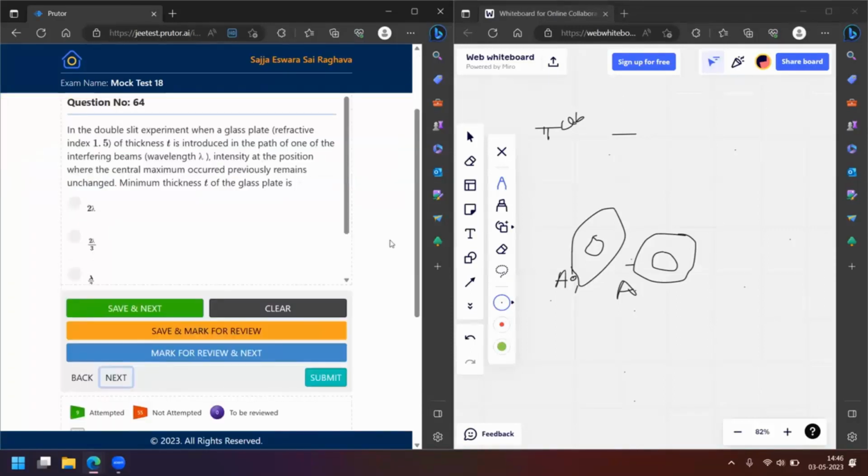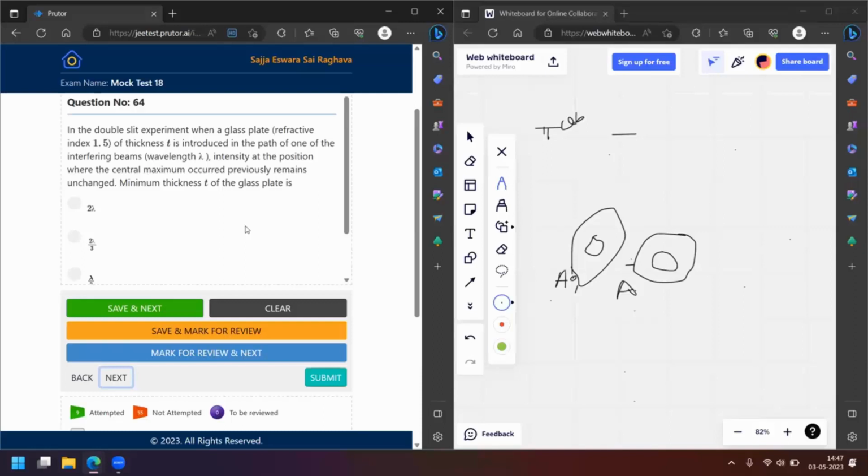In a double slit experiment, when a glass plate of thickness d is placed in front of a slit, the central maximum remains the same. Since the position of the central maximum doesn't change, it implies the path difference after the slab is introduced should be a multiple of the wavelength, since there is no phase difference between the initial and final.